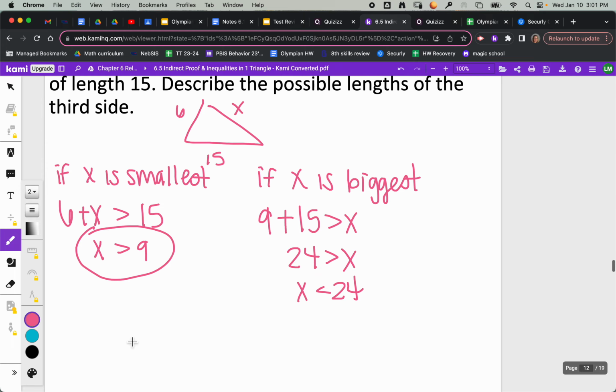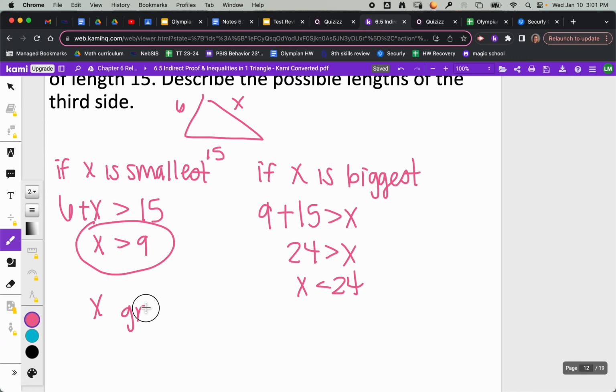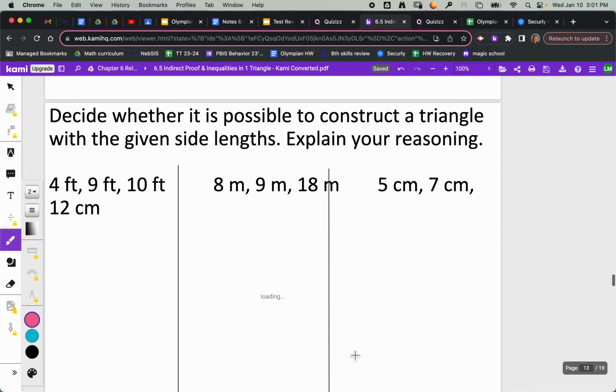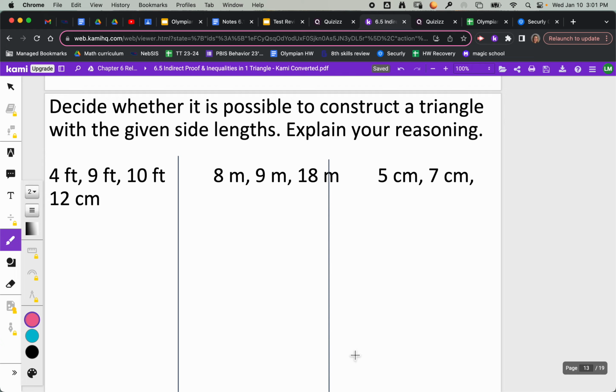So it can be X greater than 9, but less than 24 for all possibilities.